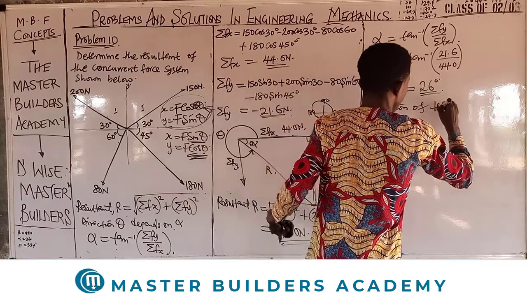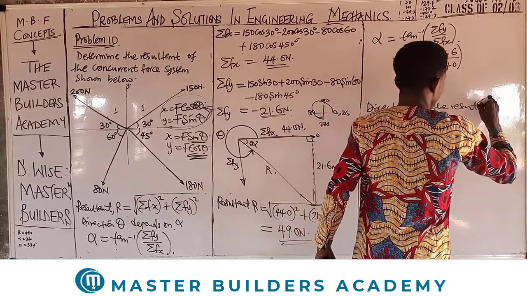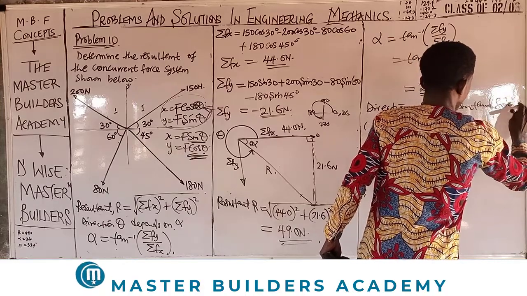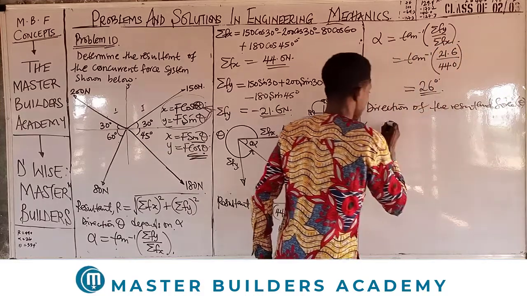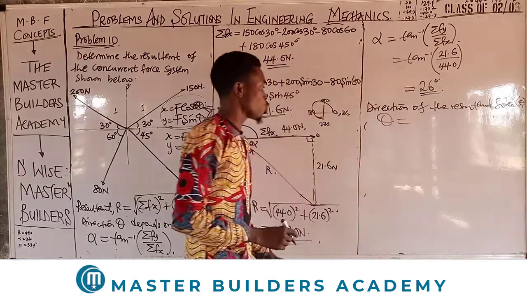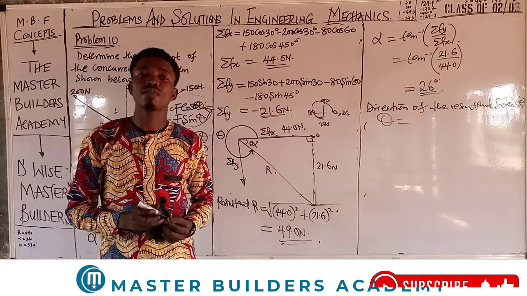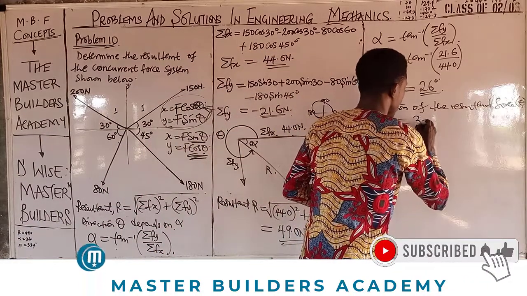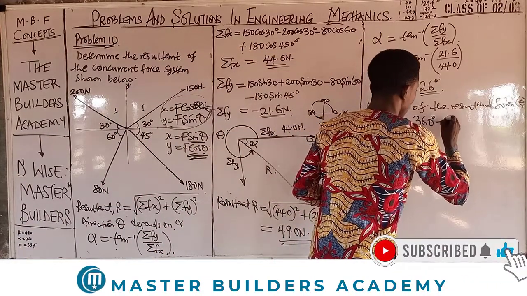of the resultant force, theta, will now be what? Equal to, now since it comes out from the fourth quadrant, what is the formula I gave? I said this will become 360 degrees minus alpha.